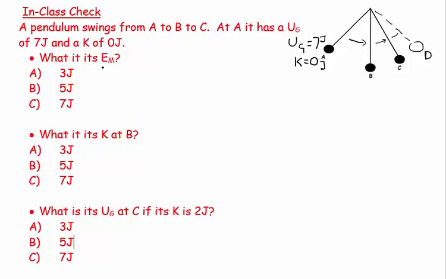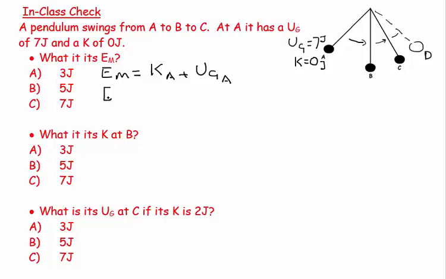So we say EM is equal to, let's talk about A, the kinetic energy at A plus the UG, the gravitational potential energy at A. We have no springs here, so we won't even bother talking about the spring potential energy.